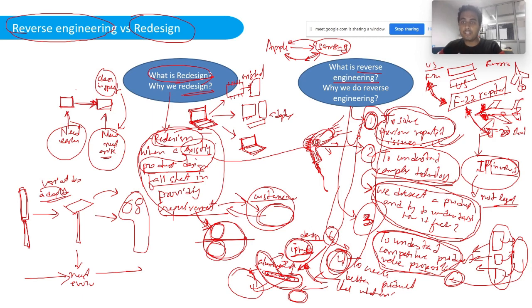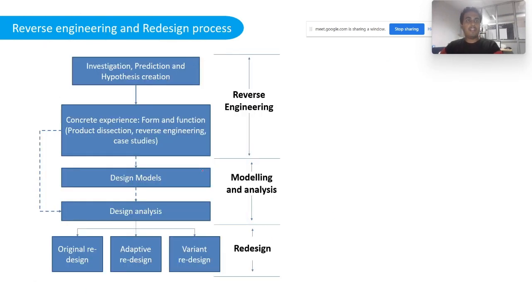When there is a problem or issue with your product, that's why you redesign. Redesign or reverse engineering. So in this particular context, both make the same sense. However, reverse engineering is a bit broad. It has more implications.